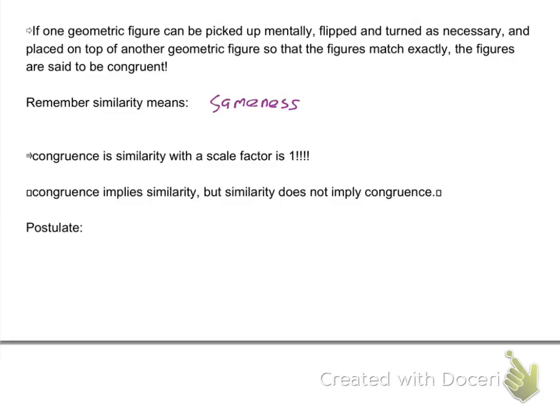That means there's a 1-to-1 correspondence. So if one side has a length of 2, there's another side in the other triangle or the other object that has a side of 2. And so on, down to the angles and everything else that make it up. So that means this line right here. Congruency implies similarity. But just because they're similar does not imply they are congruent.